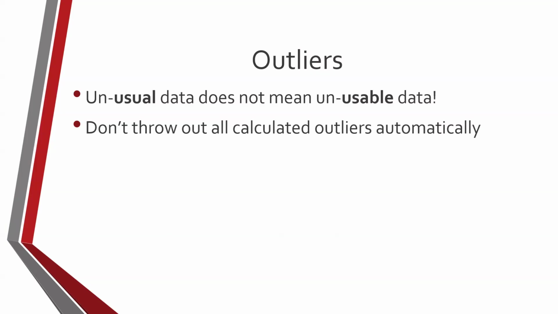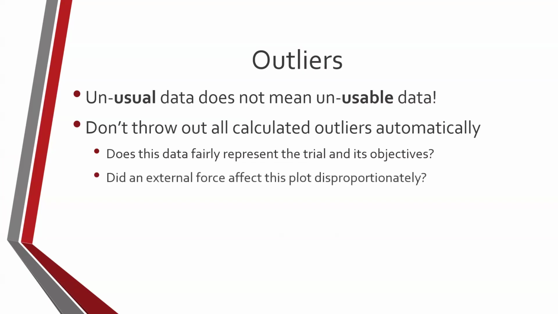So really it's where, as a trialist, your experience gets to shine. There's a variety of things to consider about whether to keep the value or not. Things like, does the data fairly represent this trial and what we're trying to understand?